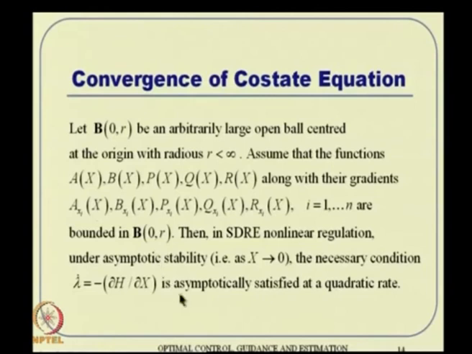Then the co-state equation is satisfied asymptotically at a quadratic rate, which is nice. Very quickly it will converge, and whatever lambda pops up will quickly satisfy this as we start applying this controller and as x goes towards 0.